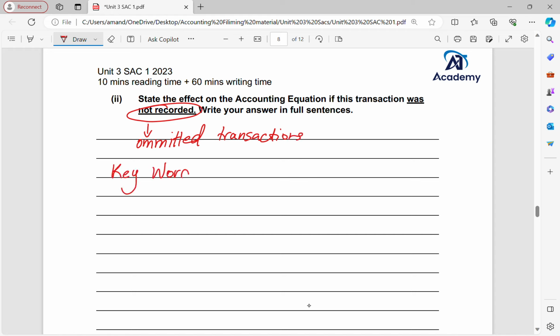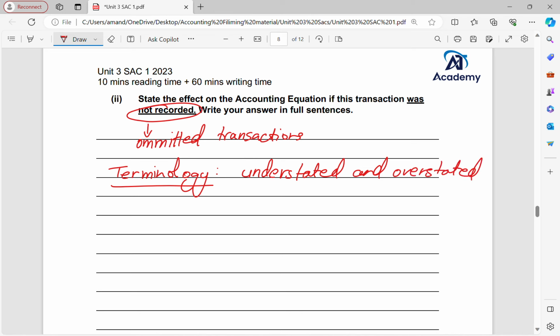So in your answer, we want to use the terminology understated and overstated, right? This is the terminology you want to use. So the impact of this not happening was that it understated this or overstated this.